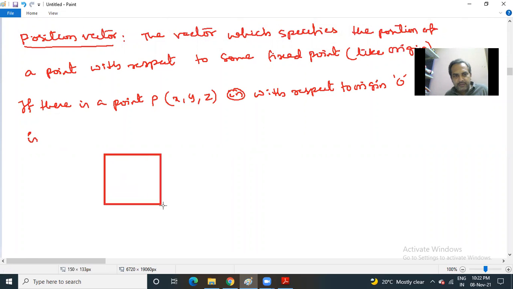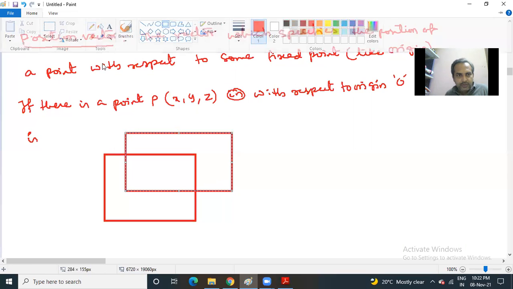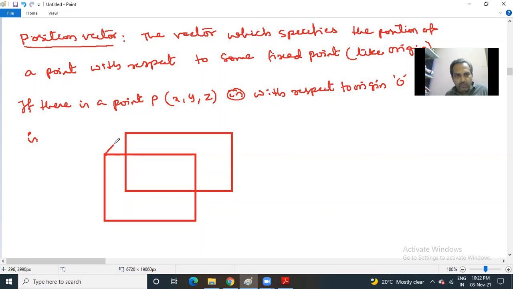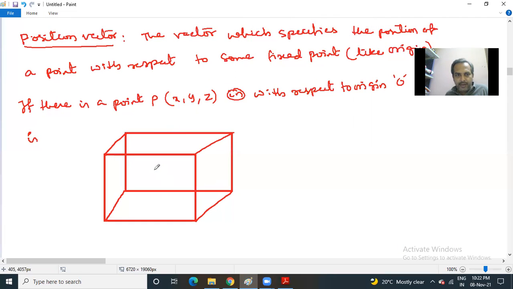Suppose, let us say, imagine there is just like a room. There is a point you take in the room, in the space. So that point is nowhere in contact with the x-axis or y-axis or z-axis, but is in air. This point P you take in the space, in the air only, within the room.